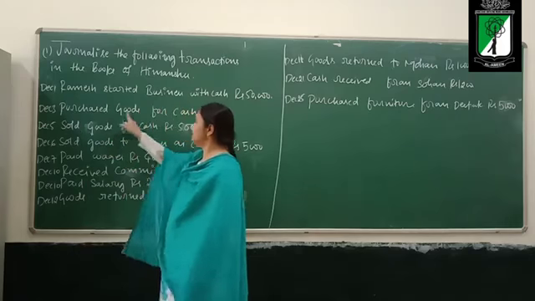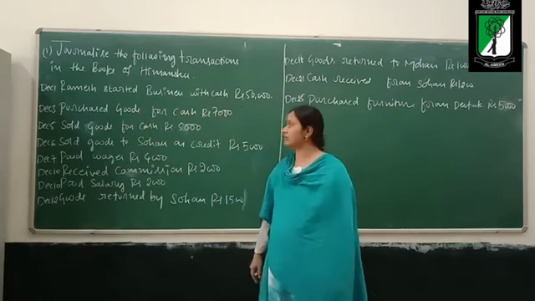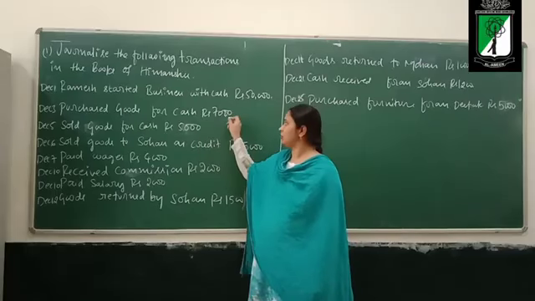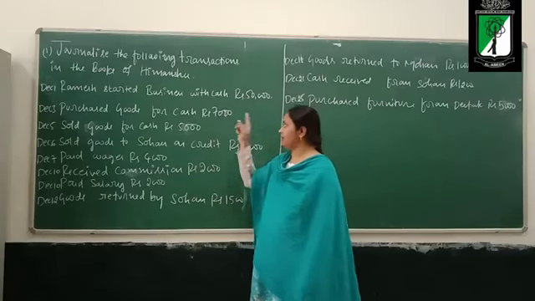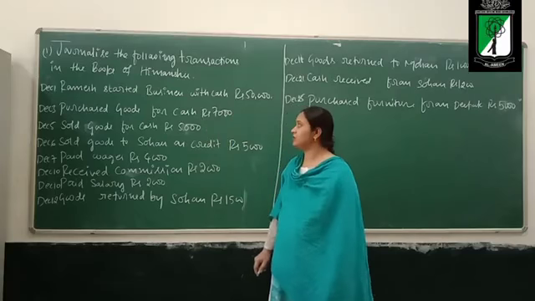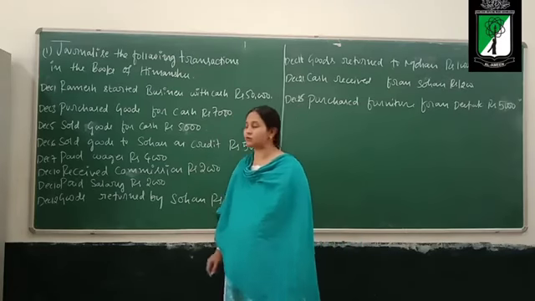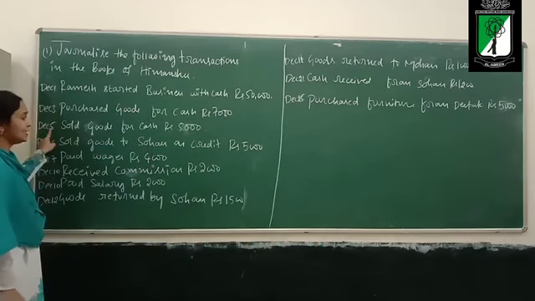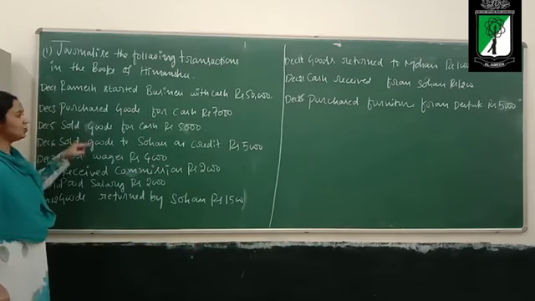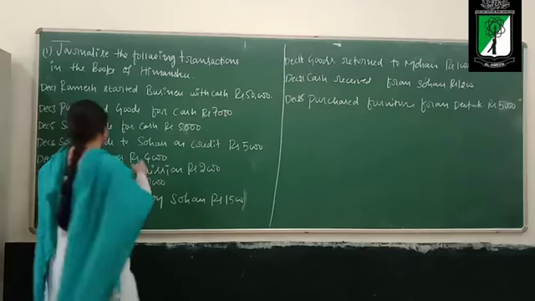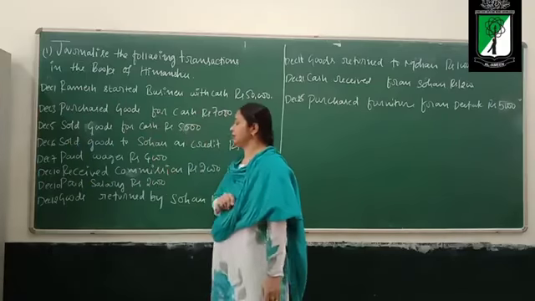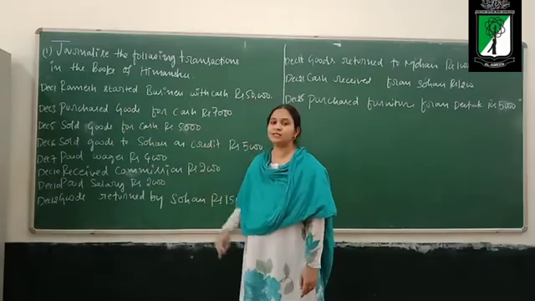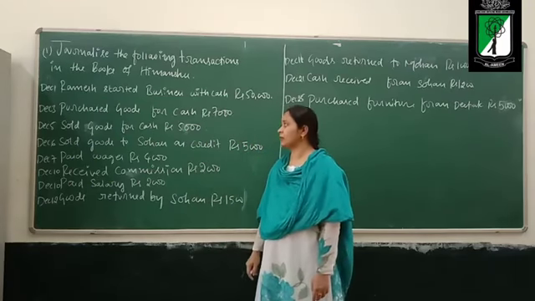December 3rd, purchased goods for cash rupees 7,000. Next, December 5th, sold goods for cash rupees 5,000.